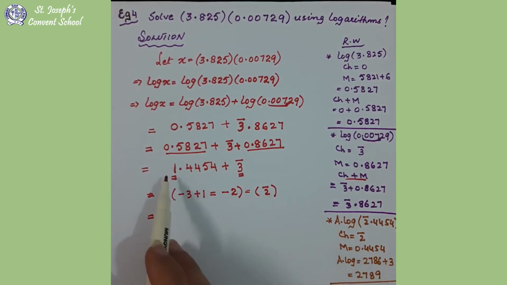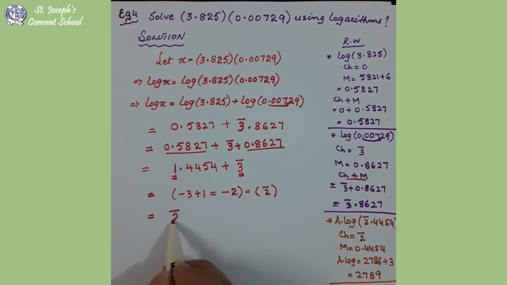So after solving this and this, you'll get bar 2 point, the remaining part as it is, 4454. Solve the integral part, bar 3 and 1: 1 and this bar 3, minus 3 plus 1 is minus 2.